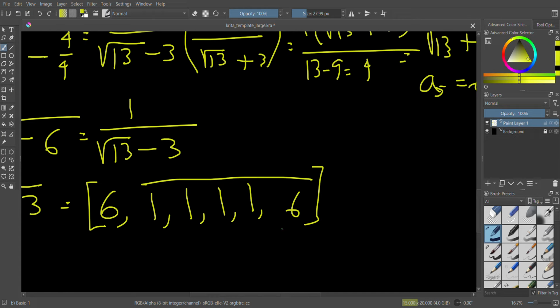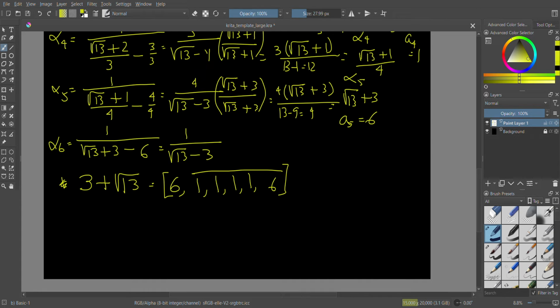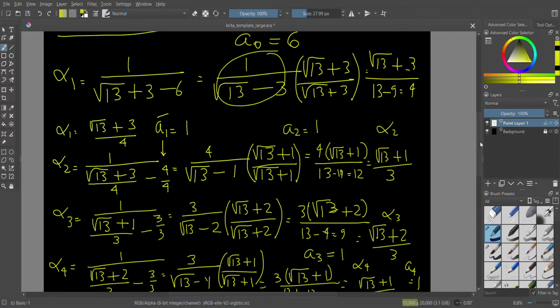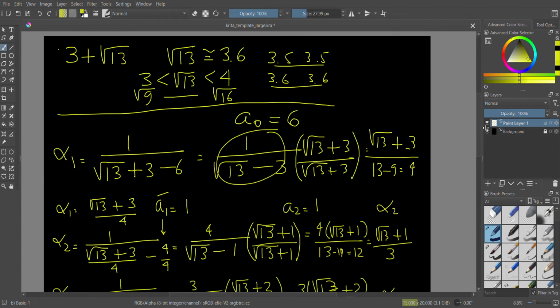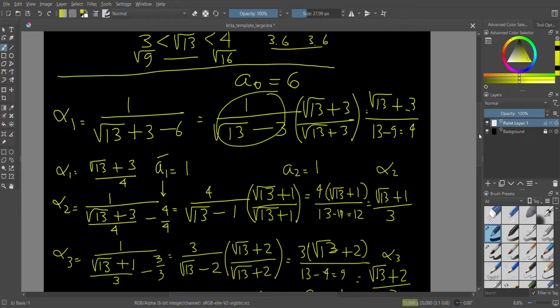Okay, so now the next thing that I'm going to do, well, first of all, I'm going to zoom out and just show what we calculated. There it is. I started with very big font, so I have to make it smaller. But we got a 6 for A0.